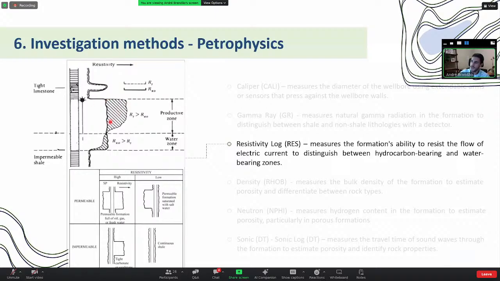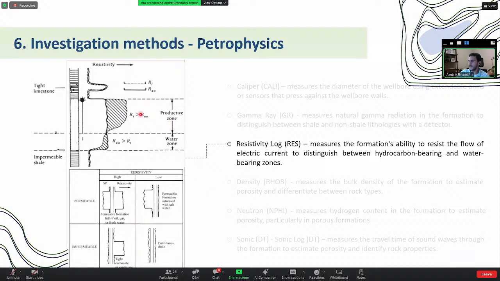Intervals that are rich in oil present very high values of resistivity, differently from reservoirs with water, because all the formations below the ground, in the subsurface, have water. Some have more oil, some mostly have water. So intervals with higher resistivity will lead us to investigate a bit more, because they may be reservoirs rich in oil.